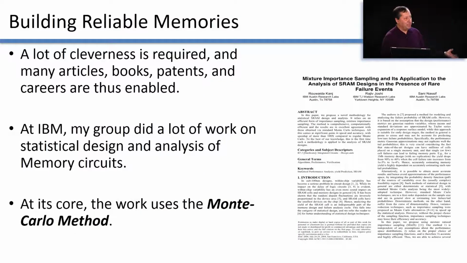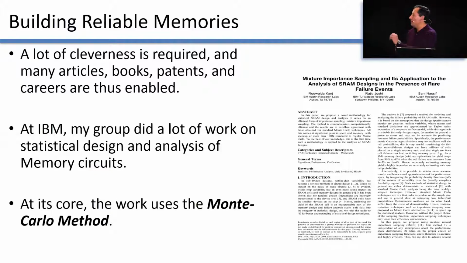What does that mean? That means that there are many, many papers and many PhD theses and many IEEE fellows and many best paper awards, many, many things about memory. And specifically, my group at IBM, when I was there, we did some memory work. We used to do memory design, memory analysis, and part of that work was making sure that memories have high yield, which you all understand to be something about variability and things like that.